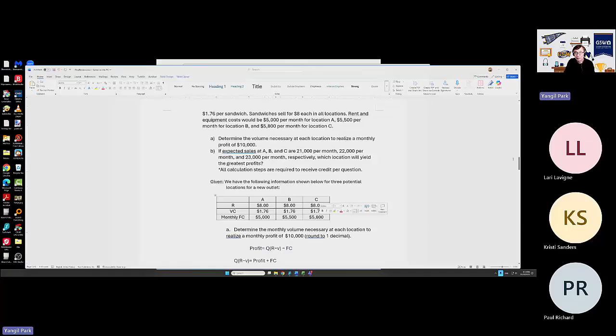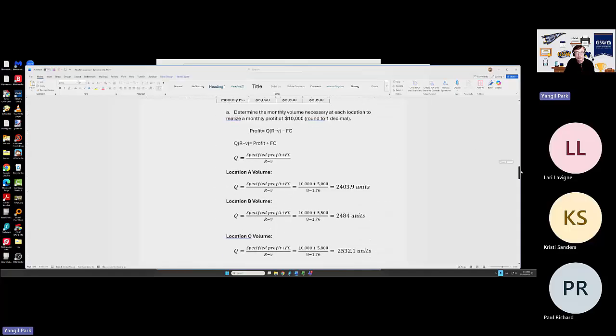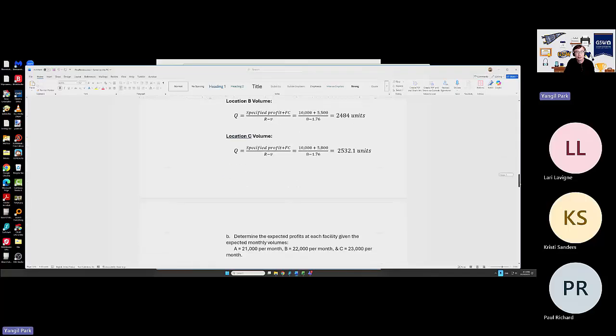Then again, we're going to plug into formulas and equations, and we're going to find a Q this time. So we have Q for location A, Q for location B, and C, and then we can determine.